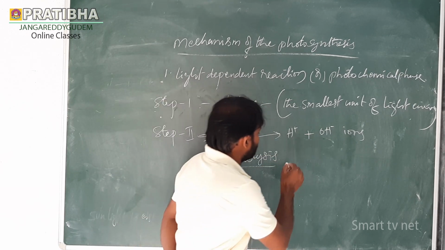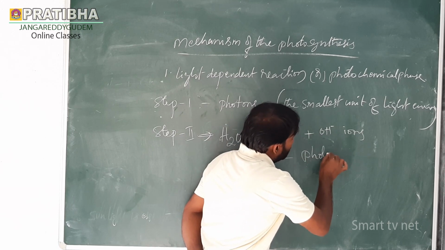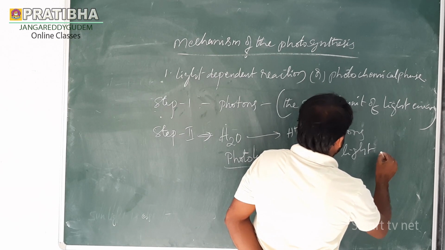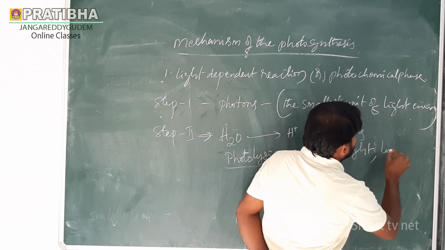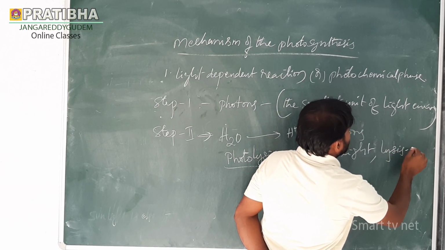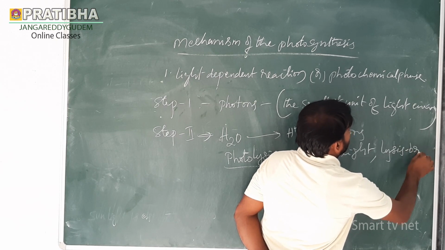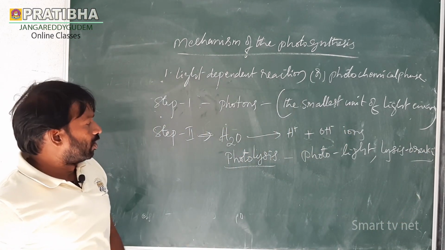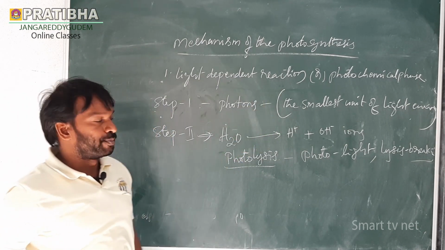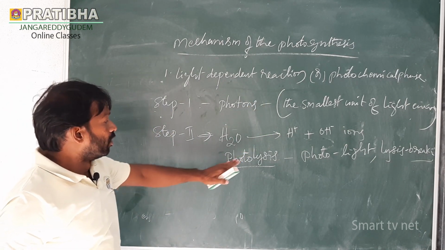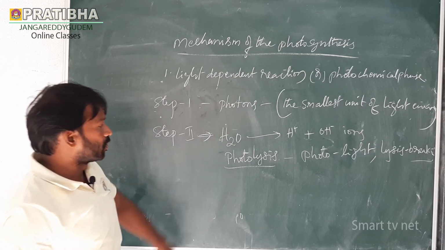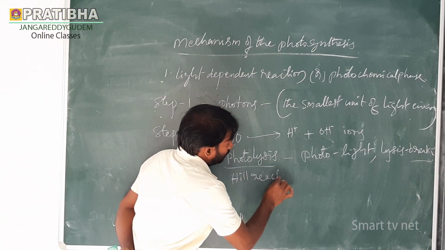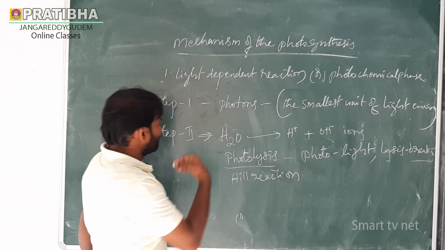Photo means light, and lysis means breaking. This reaction was observed by one of the scientists, so photolysis is also called the Hill reaction. This is step 2.